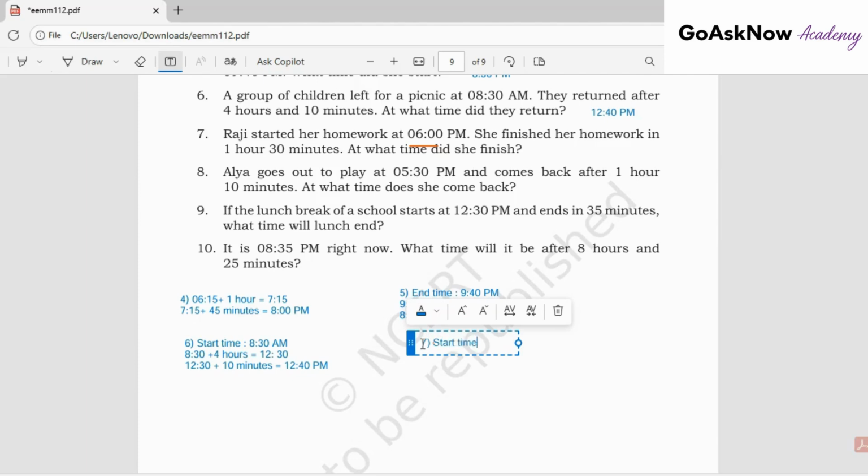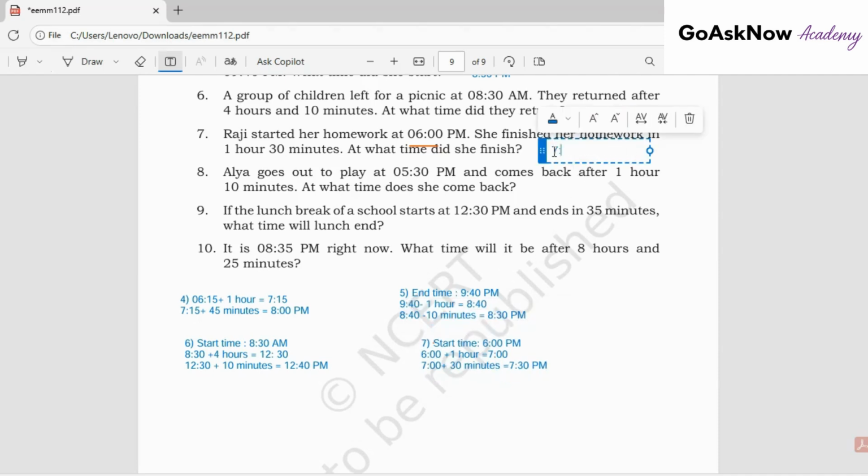Start time was 6 p.m. Adding first the hour, we get 7. Then adding the minutes, we get 7:30 p.m. The answer is 7:30 p.m. She finished her homework.